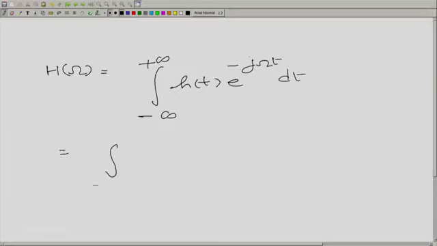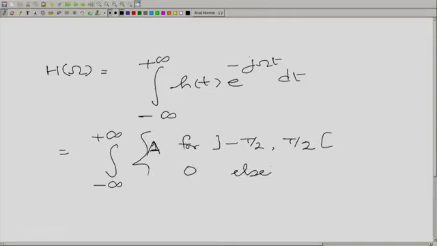And that is the same as the integral from minus infinity to plus infinity of the function, which is a for minus T by 2 to plus T by 2, and 0 else, multiplied by e raised to the power minus j omega t dt.